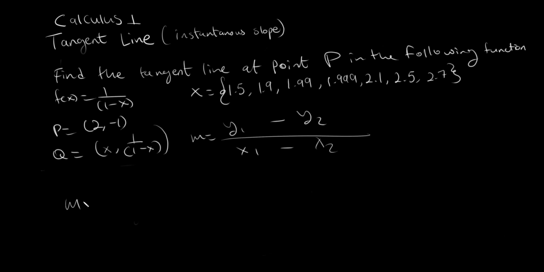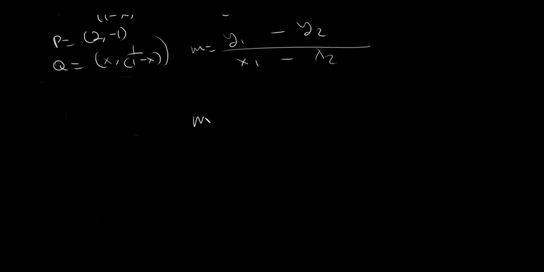The first thing we're going to do is take our first x. So m1 is equal to y2 minus y1 over x2 minus x1.